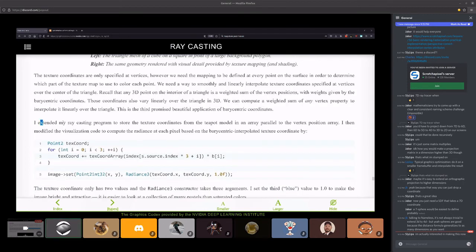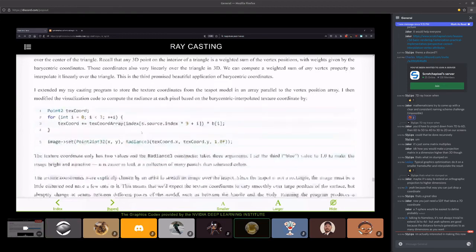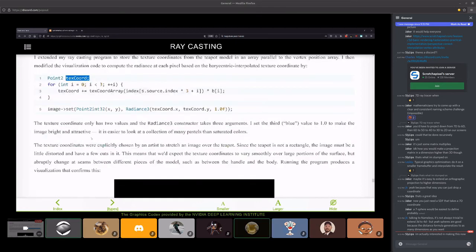Does it tell us how to do it here? Yes, it does. We interpolate the coordinate, and then we sample at the texture coordinate that was the interpolated value of the three corners based off the barycentric coordinates.